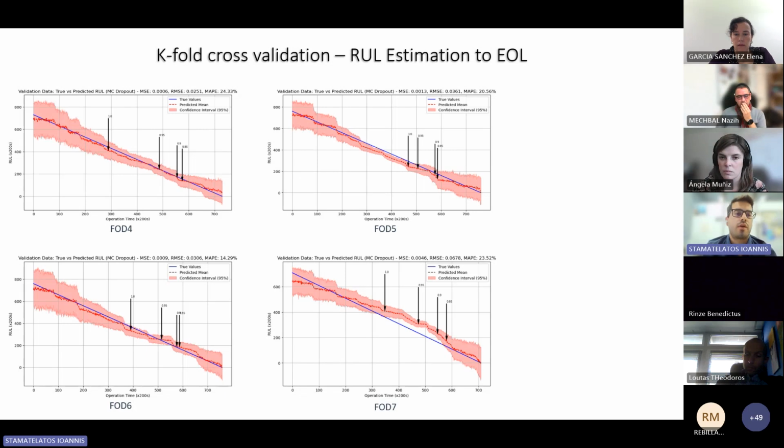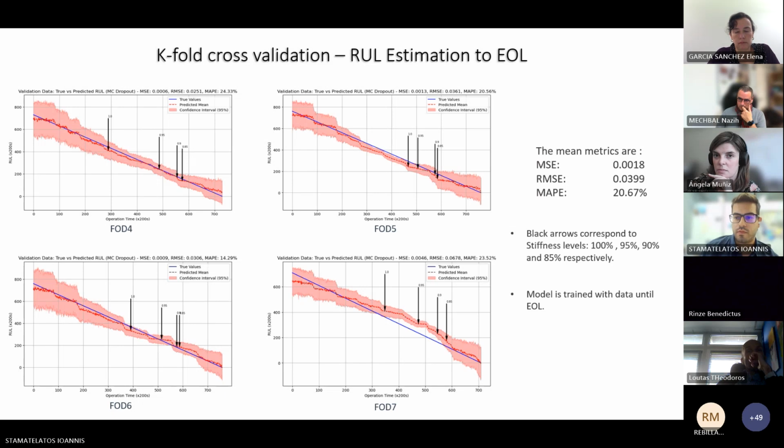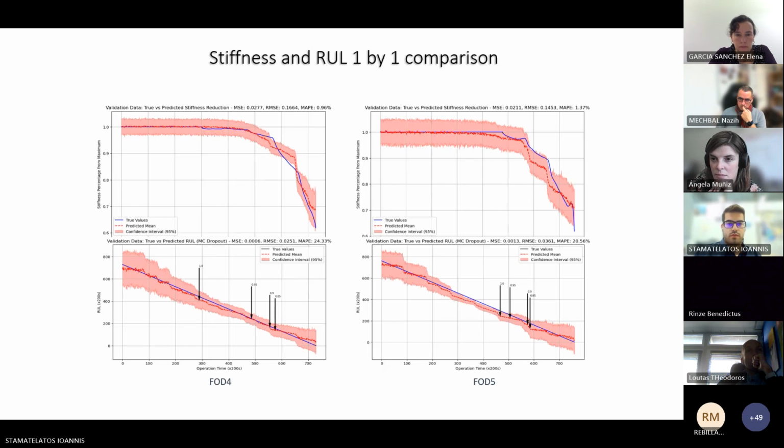With the black arrows, we have pointed out the stiffness reduction point, so it can be easily translated and compared to the stiffness reduction. Again, the metrics are very good. And one by one comparison of stiffness and RUL prediction.